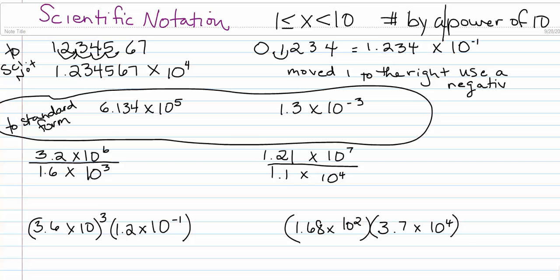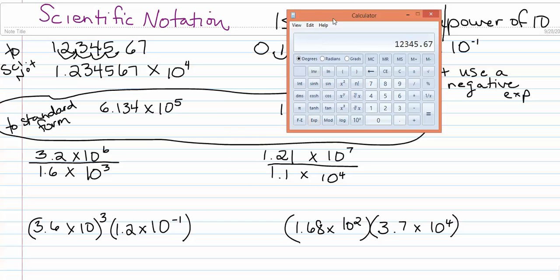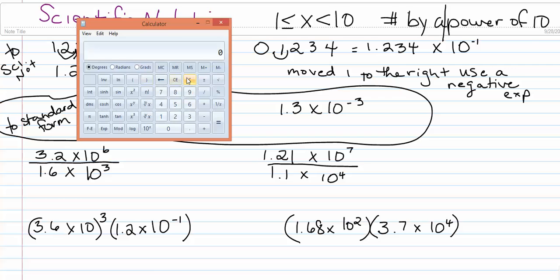Over on the first one, I had moved to the left, so I had to use a positive exponent and a rather large exponent in order to be able to get back to what I started with originally. And just to double check and make sure, I can take my number that I wrote in scientific notation, 1.234, and times it by 10 to the negative 1 power.